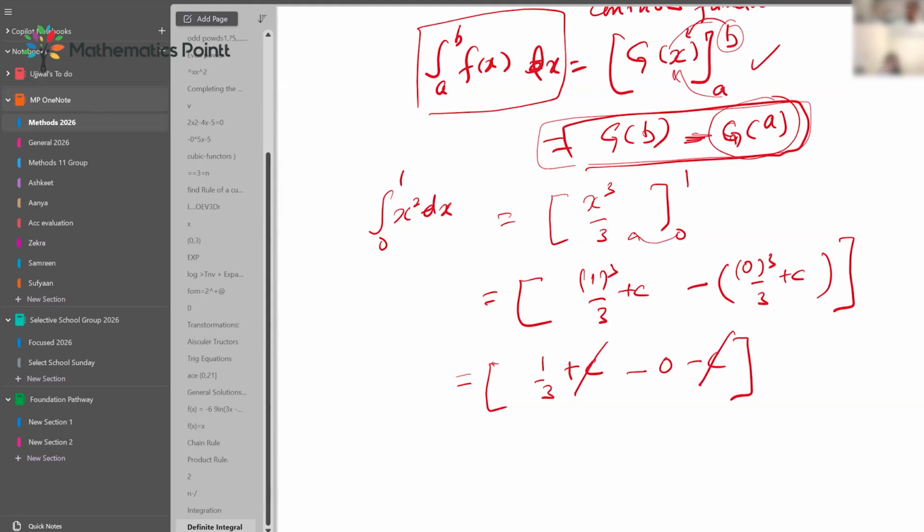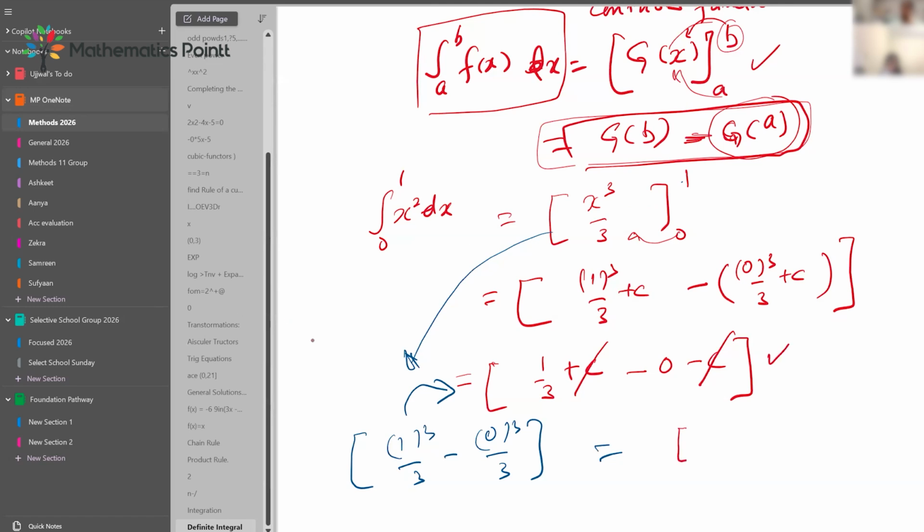If I have to just do it without C, I will simply say, okay, plug in 1 cube minus 3 minus, plug in 0, 0 cube minus 3. That's about it. And you actually land at the same spot. C is not required. So let's take this forward. So I'll probably continue here.